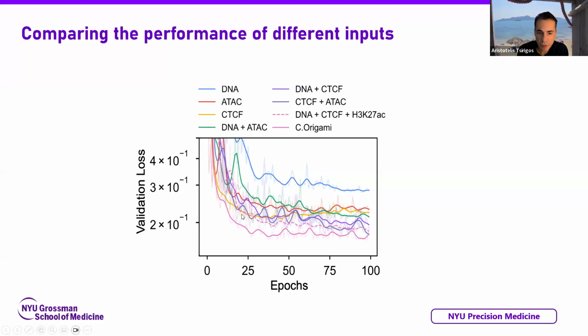And we're actually very happy to see that the combination that we found to be more practical was actually the one that performed the best. So this is the combination of DNA sequence with ATAC-seq and CTCF. So this is what we call the C-Origami model. Everything else performed worse.